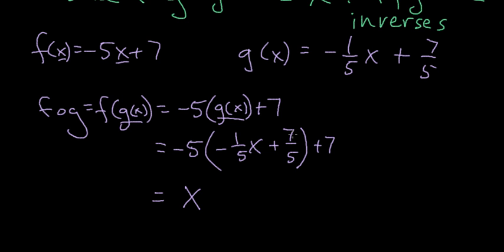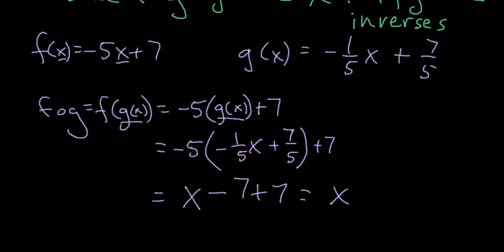Negative 5 times 7/5 is a negative 7, because negative times a positive is a negative. 5 times 7 over 5, you just cancel the 5s, and you get 7. But then I had the plus 7 out here. Negative 7 plus 7 equals x. So f of g of x equals x.